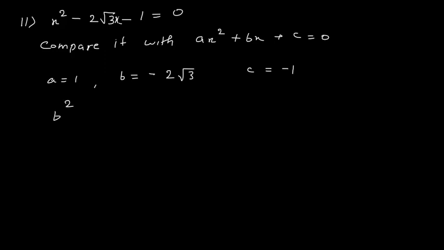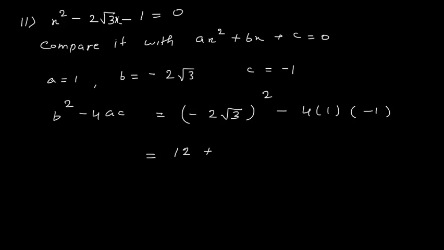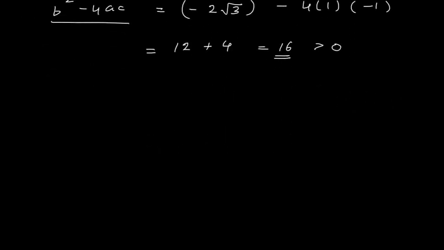So therefore b² - 4ac will become (-2√3)² - 4 into 1 into -1. So this is 2 4s are 4, 4 3s are 12, minus minus plus 4. So 12 plus 4 is 16. Okay, so b² - 4ac is 16, which is greater than 0. So we will say that there are two real and different roots.